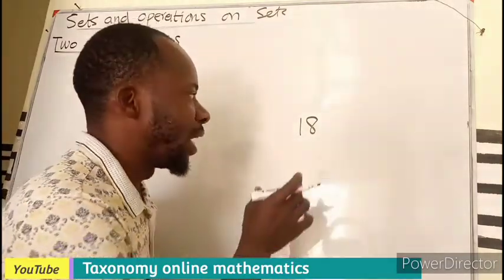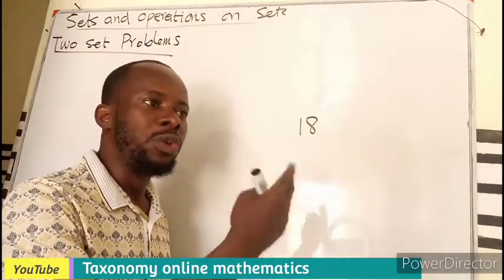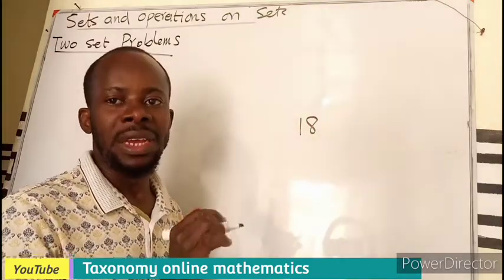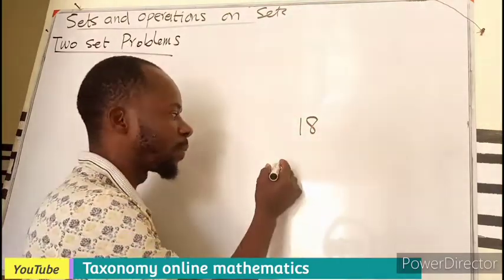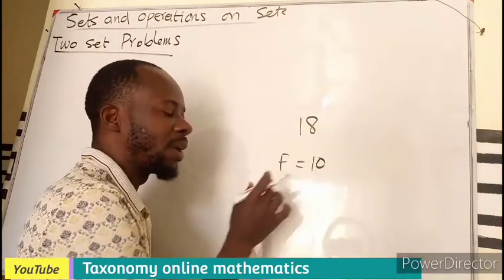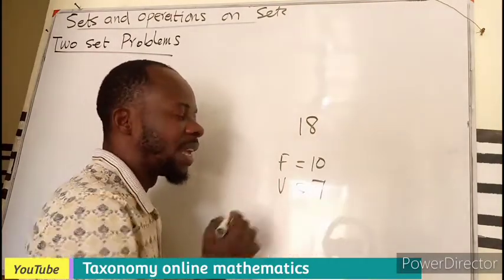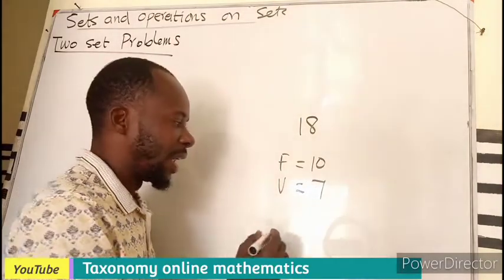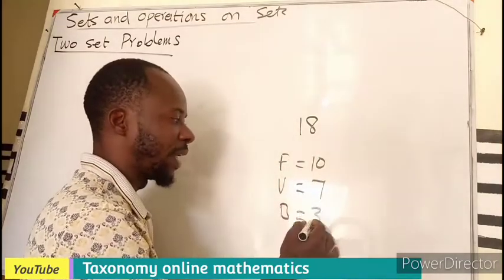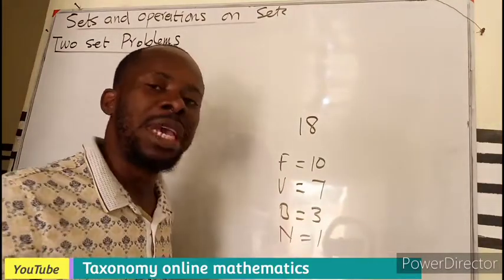Some may choose football, some will like both, and some will like none of the two games. So if 10 of them like football, 7 of them like volleyball, and 3 like both, then those who choose none of the games is 1.